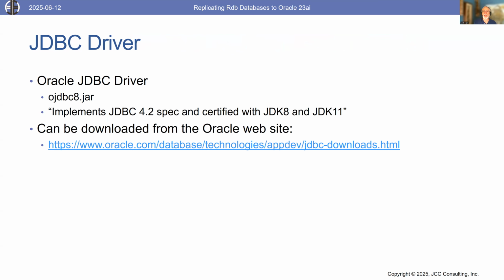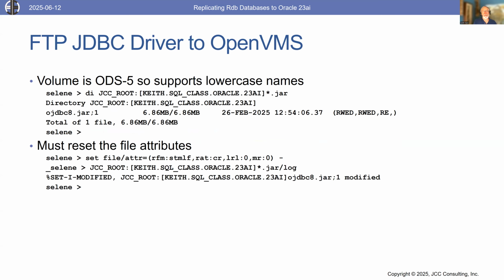This is important because on OpenVMS, we have JDK 8, and so we have to have a driver that is compatible with that. We downloaded this from an Oracle website, the site called JDBC Downloads. Now, I download this onto my local system, which happens to be Windows, and then I need to get it to the OpenVMS system.